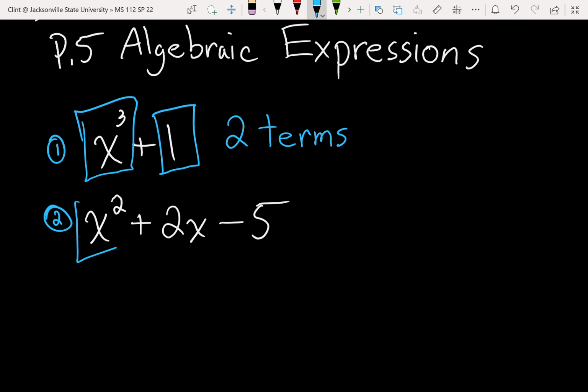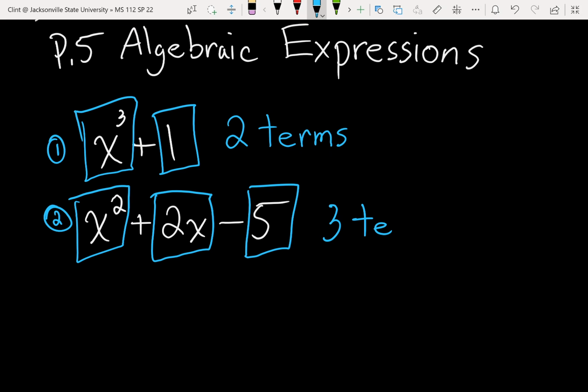So we would say the x squared is 1 term, 2x is 1 term, and 5 is 1 term, so 3 terms. I wanted to cover that real quick so we can say, combine like terms or add these 2 terms together, the idea of what we're talking about.